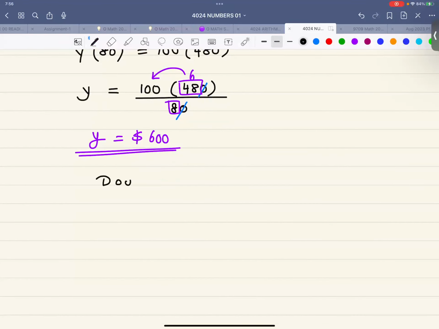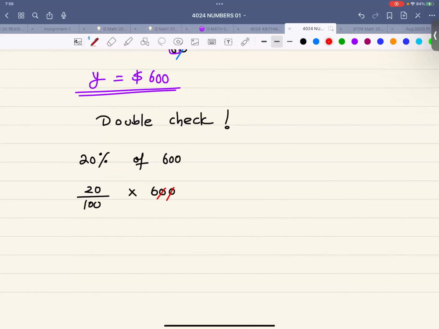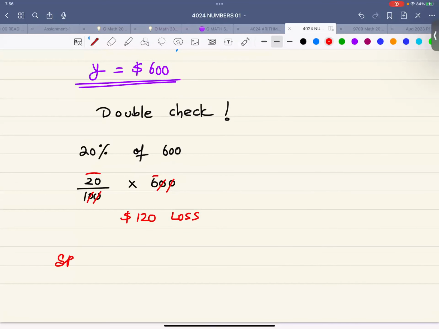Again, let me double check it for you. 20% of 600. The zeros get cancelled out. 20 into 6, that is $120. That is a loss. Therefore, the selling price is cost price minus loss.